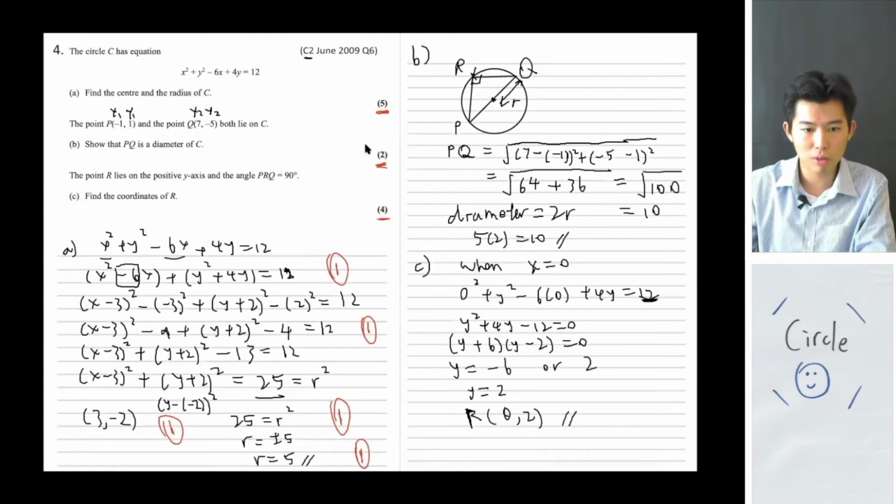For part B, 2 marks: 1 mark should be the method, and another mark is for showing that the length of PQ is the diameter of C. And for part C, 1 mark is for the substitution, 2 marks for the working, and 1 mark is for the final answer for the coordinates of R.